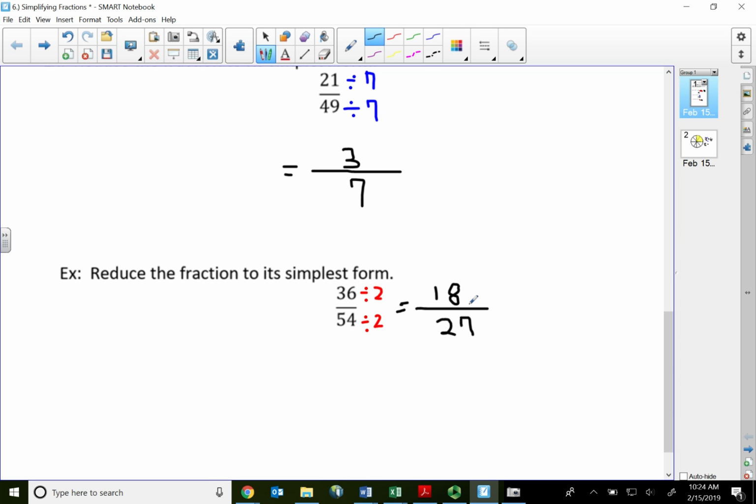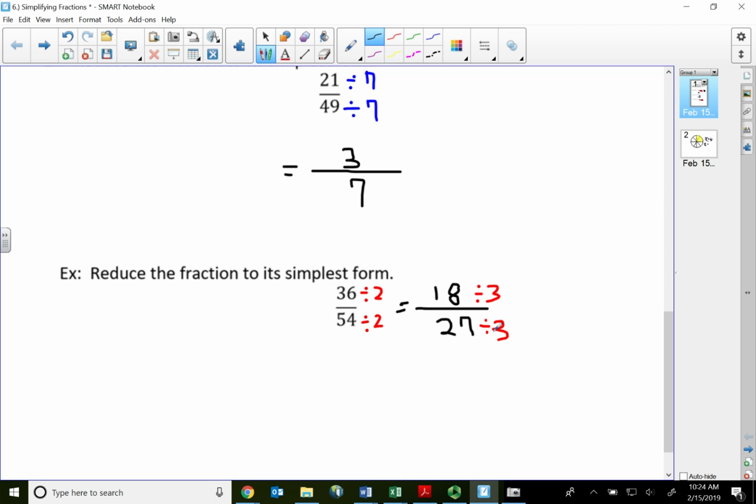All right, I know 18 and 27 can be reduced by 3. Remember now, you cannot reduce 18 by one number and reduce 27 by a different number. Both of these numbers have to be reduced by exactly the same number. So I know I can reduce them by 3 because 1 plus 8 is 9, and 3 can go into 9. 3 can go into 18, and 27 as well.